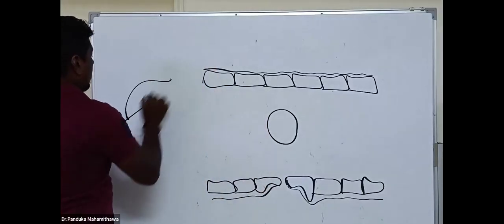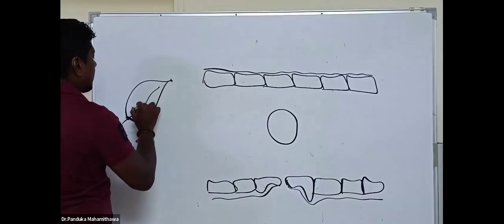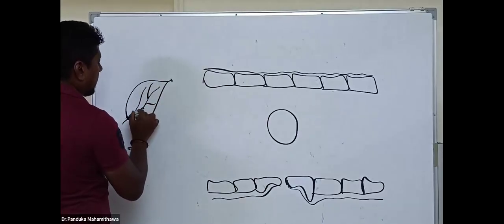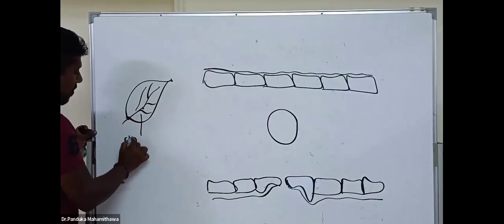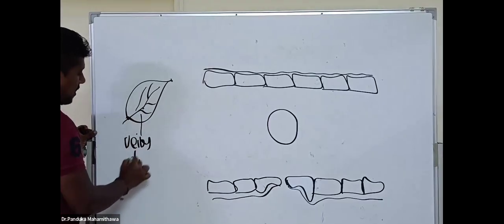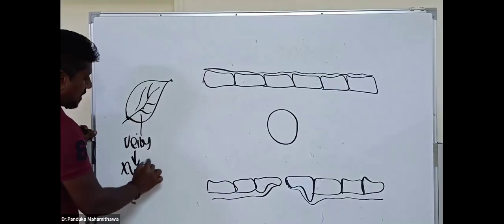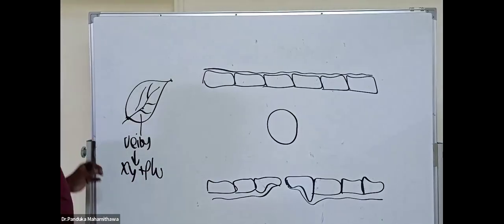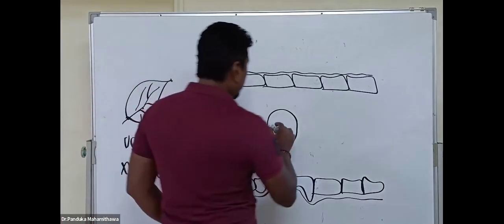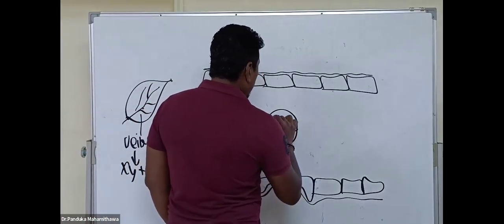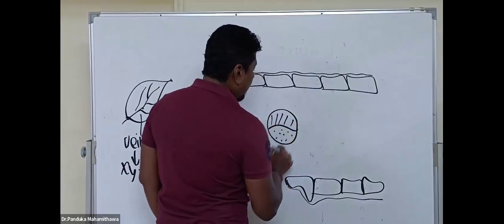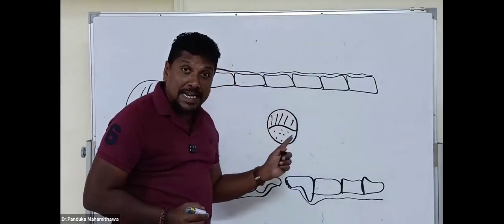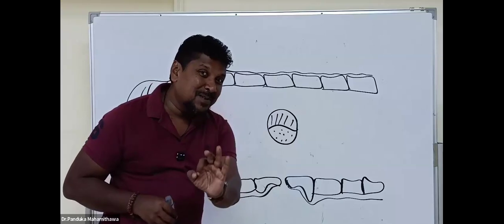When we are drawing a leaf, these are the veins that we drew, like a network here in the dicotyledons. Veins means you have the xylem plus phloem. Now that is located here: the xylem here and the phloem here. And that vascular bundle is covered by a special type of cells.